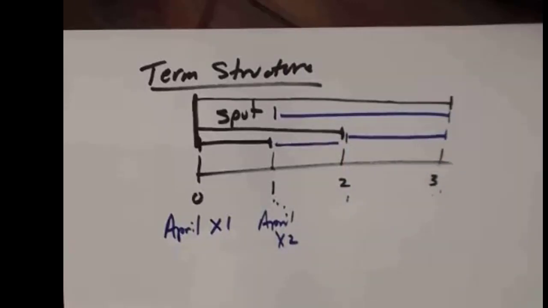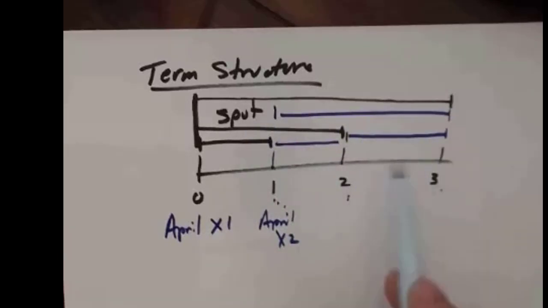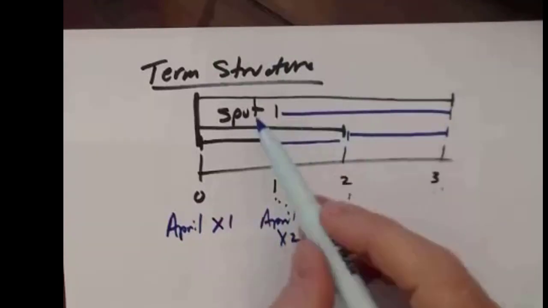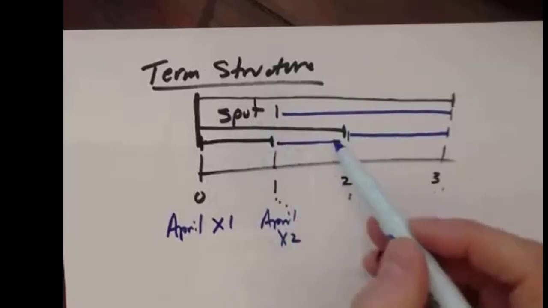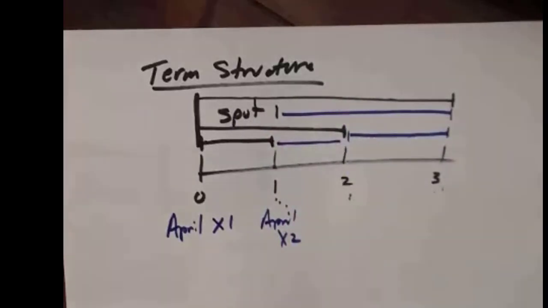And so you have a combination of spots and forward rates representing term structure. The spots you can spot with your eye, as I like to say it, but the forward rates are embedded. They're implicit. You can't really see them. You have to mathematically back them out yourself.